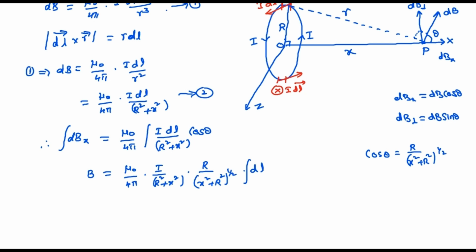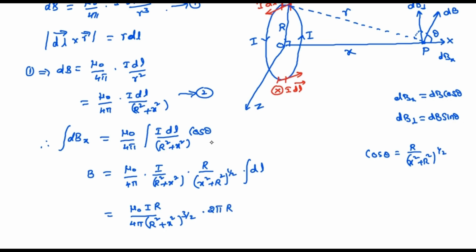So from this, after simplification, mu naught I R divided by 4 pi into R square plus x square whole power 3 by 2 into integral of dL, which is nothing but 2 pi R. Why?